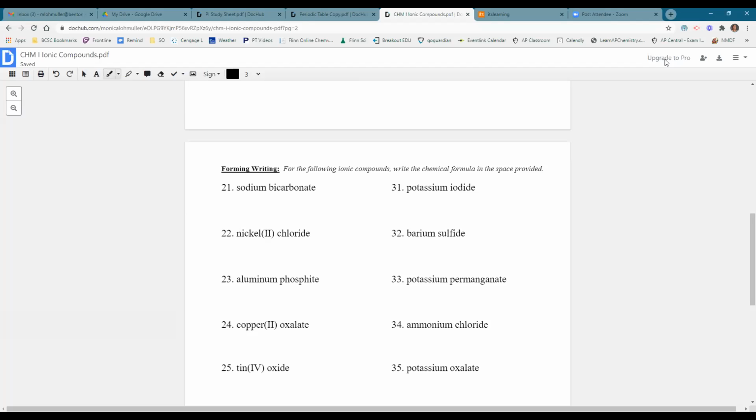I did have a couple people turn it in already, and they did all of them, so that's awesome. But only 15 on the back. So that'll help cut down the work a little bit.